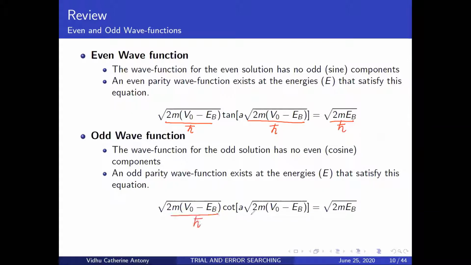Now our idea is not to solve this exactly. Our idea is to learn about the computational technique we're going to use to solve this and get the eigenenergies, the eigenvalues. Here, h bar has been set equal to 1. That's what we're going to do.